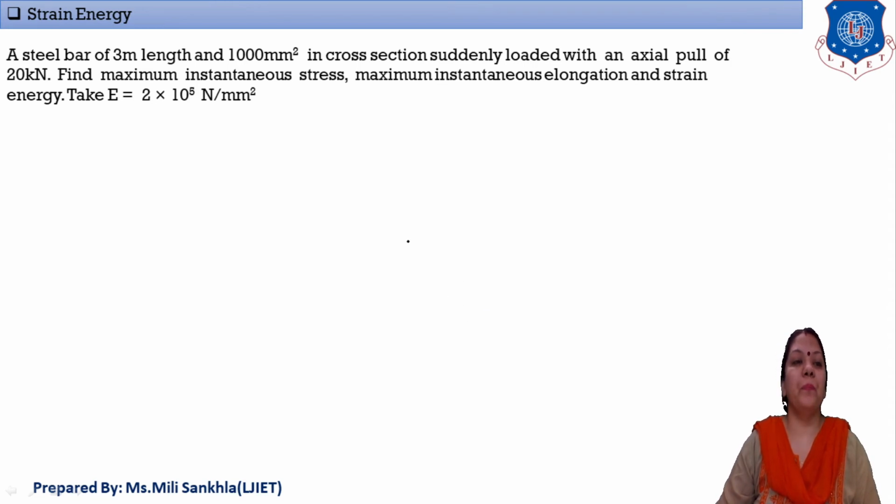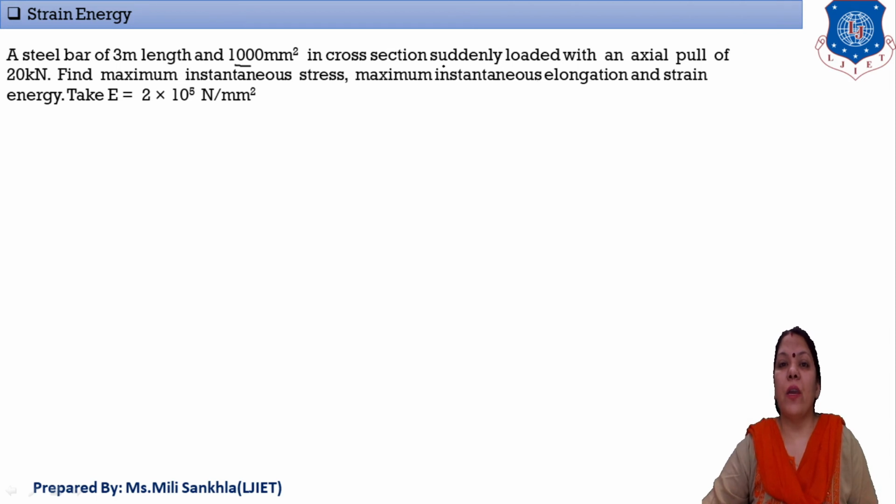Here, a steel bar of 3 meter length and area equal to 1000 mm square in cross section, suddenly, okay, the word sudden is given, that means the given load is a sudden load. Axial pull of 20 kilonewton, and find maximum stress, maximum elongation and strain energy, and also E. Now we solve this example, and before starting we mention the data.